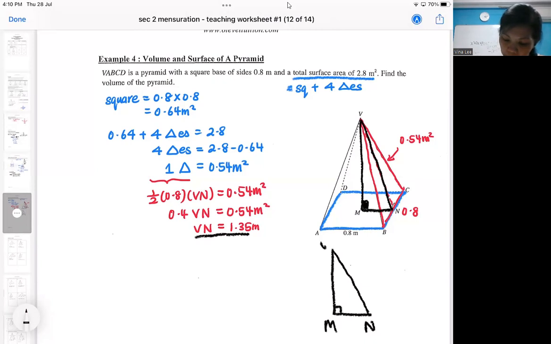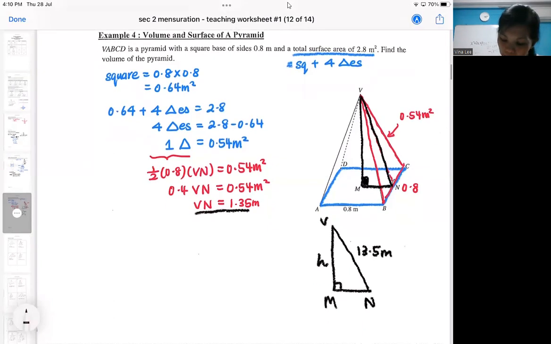So this is the vertical height of the triangle, and the slant height is the one that I just found. And this is 0.4. This will be half of this part. So can you see I can perform my Pythagoras to find my height, and then subsequently I can do my formula for the pyramids.